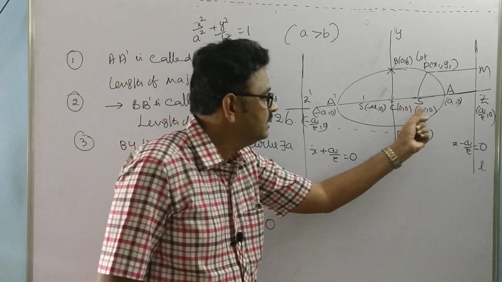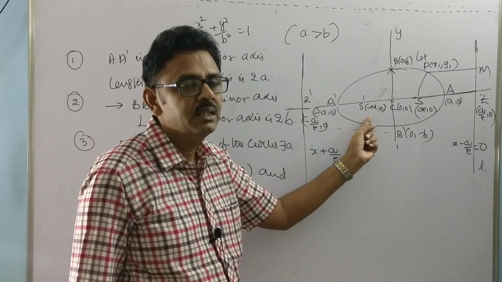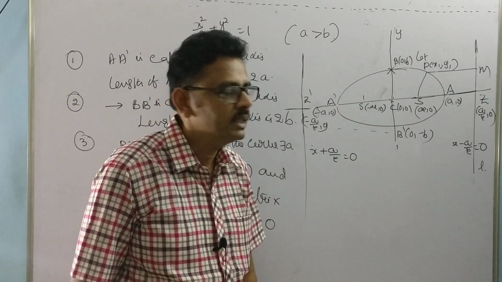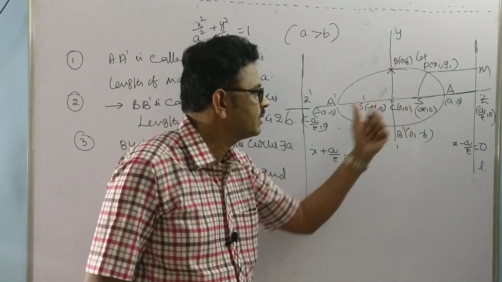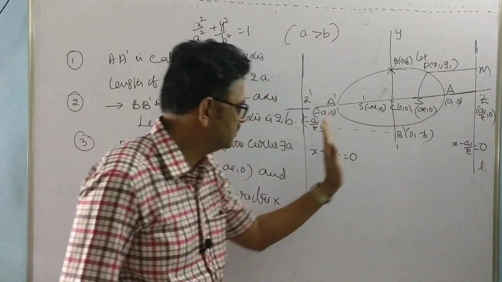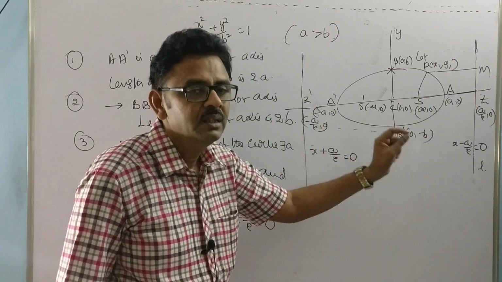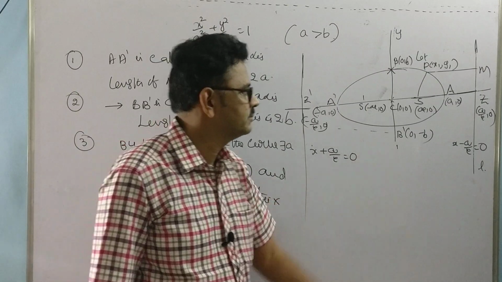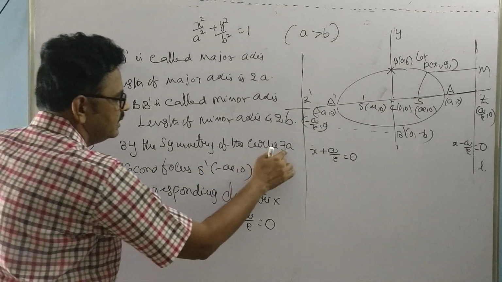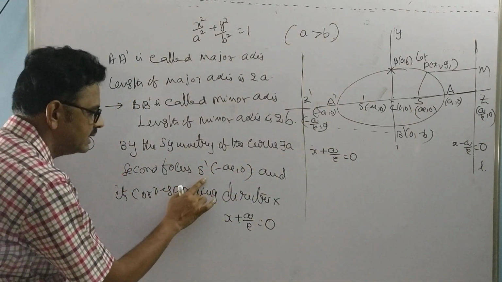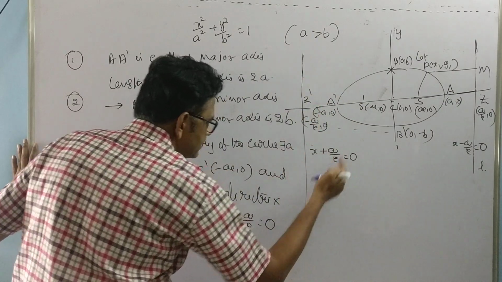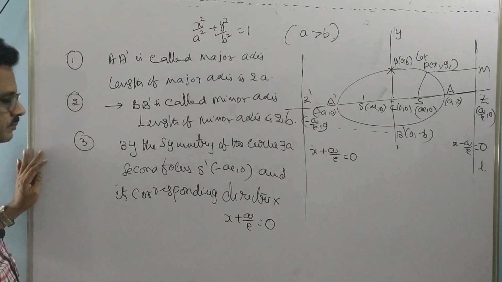A e comma 0 and minus a e comma 0 are called foci, that is a plural word, foci, of the ellipse. And x equal to a by e, x equal to minus a by e are the directrices of the ellipse. By the symmetry of the curve, there exists a second focus S dash minus a e comma 0 and its corresponding directrix x plus a by e equal to 0.